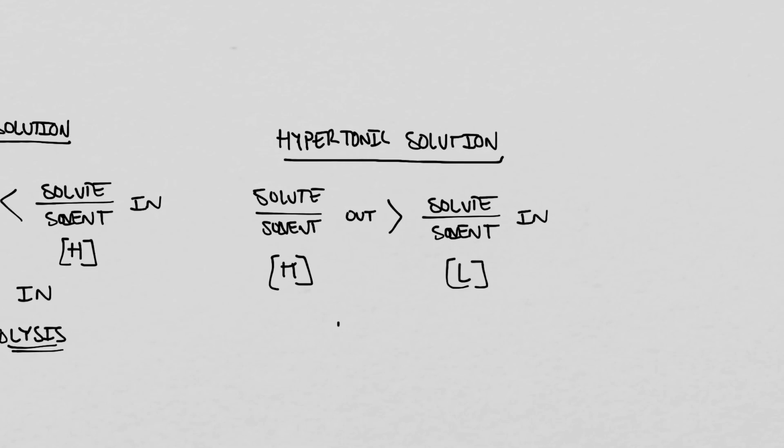And so therefore water, H2O, is going to move out of the cell. And this is an example of what's called plasmolysis. And plasmolysis is also another potentially dangerous scenario for a cell, because it's basically a cell dehydrating. All the water's moving out of the cell.